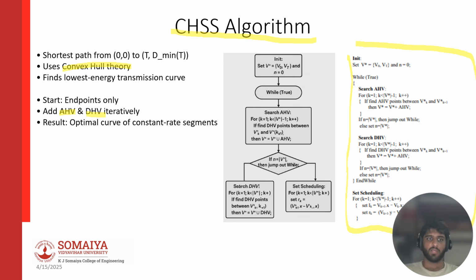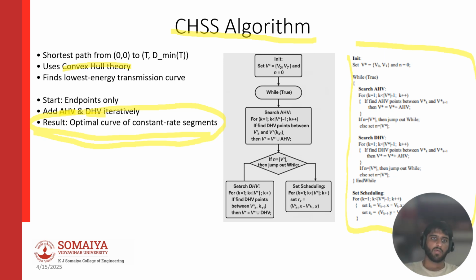You add an AHV when your data is traveling too fast, so it slows your data down like a speed breaker, and you add a DHV when your data is moving too slow. All this helps you optimize your memory lane, or like the bus size, if that makes sense.